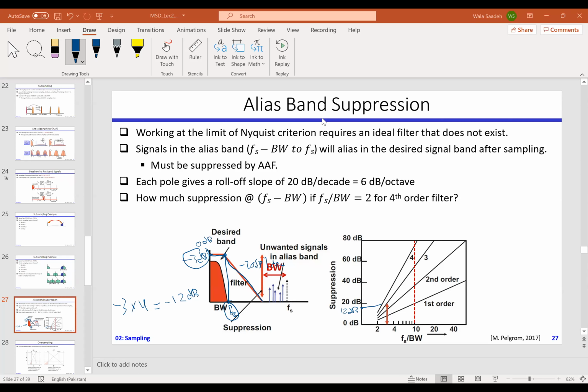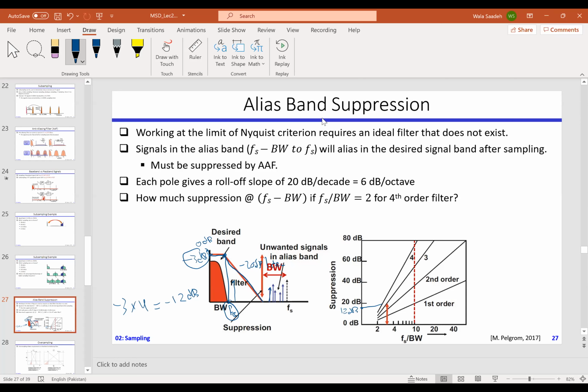What does this minus 12 dB actually represent? It says that if you have any signal, let's say in this band, or these noises, with a magnitude of originally 50 dB, 12 dB suppression means that your amplitude will be decreased by 12 dB.